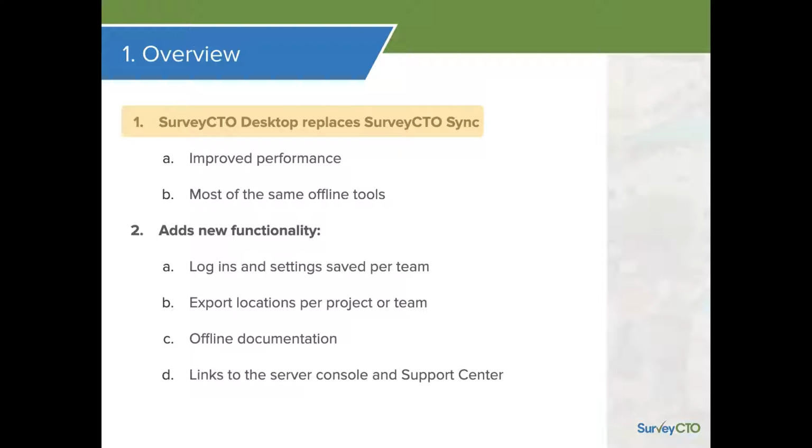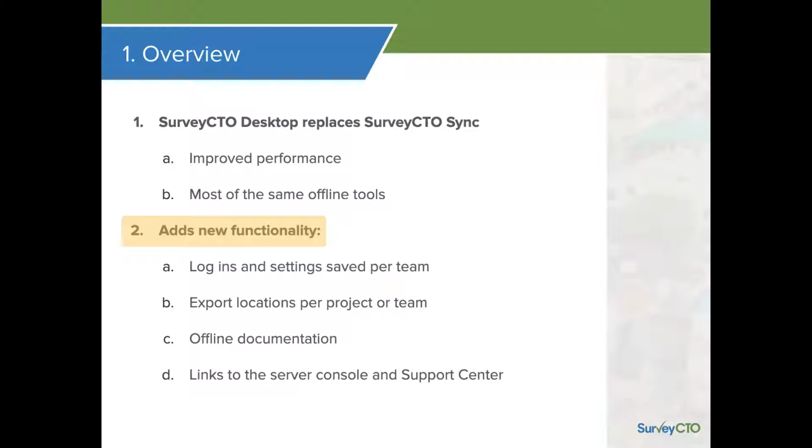Briefly, SurveyCTO Desktop replaces an older piece of the platform called SurveyCTO Sync. The newer technology in desktop facilitates improved performance and provides most of the same offline tools as before. Desktop will no longer generate Stata do files, but those are still available through the SurveyCTO server console.